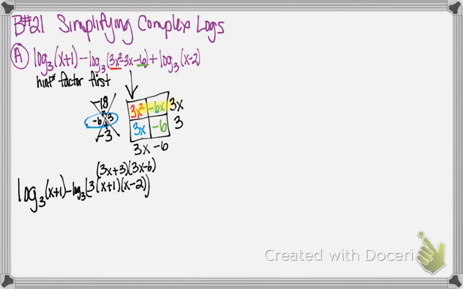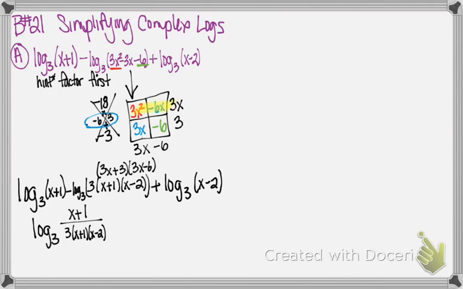All right, so now we're just going to bring everything else down with our factored form. So we rewrite our equation. What? Wait, so the whole thing has to. What does subtraction mean? Division. So we have x plus 1, the first term, over our second one. That's still there.